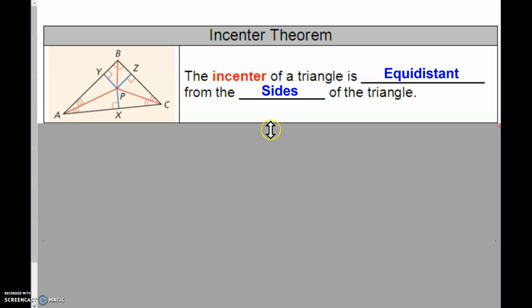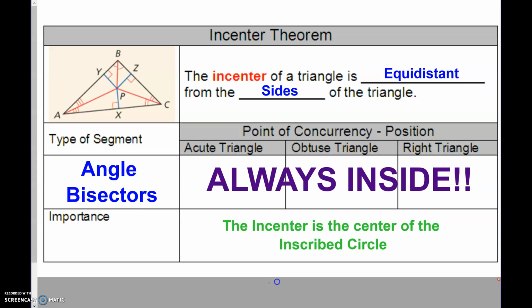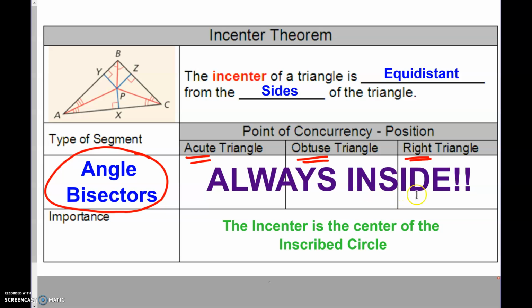The in-center. This is a screen you're going to want to pause, stop, and write down all this information. The in-center is made from angle bisectors. And they are always inside, whether you have an acute, obtuse, or right triangle. That point of concurrency, the in-center, is always inside.